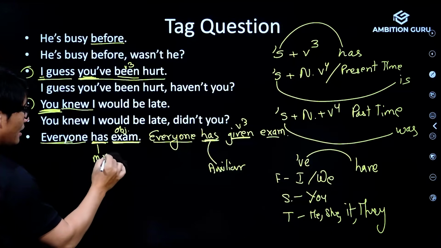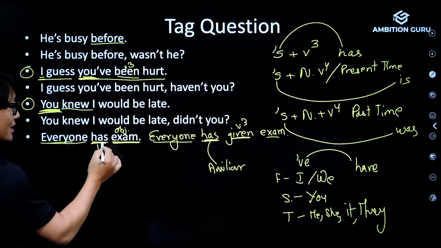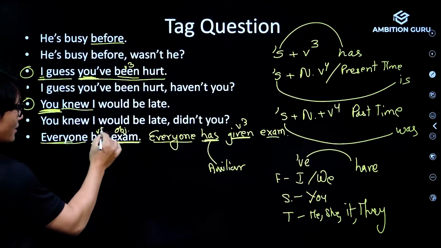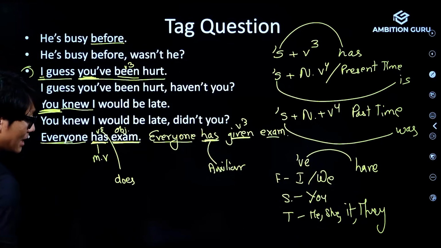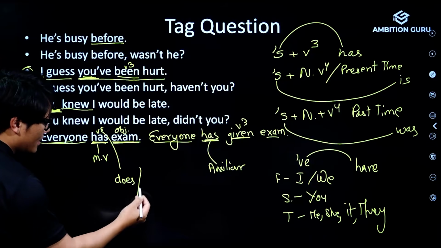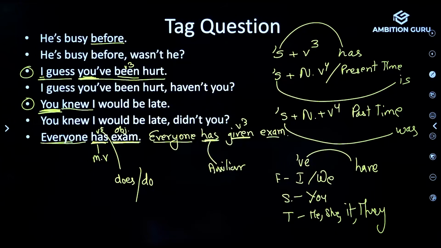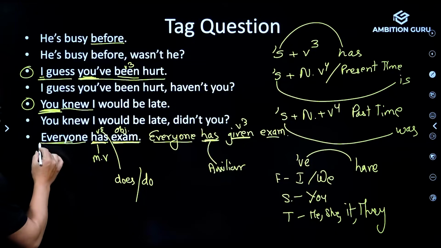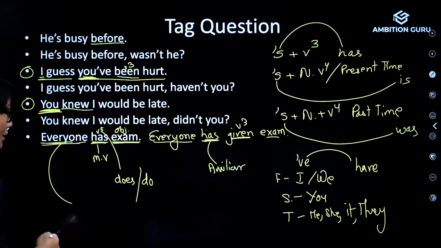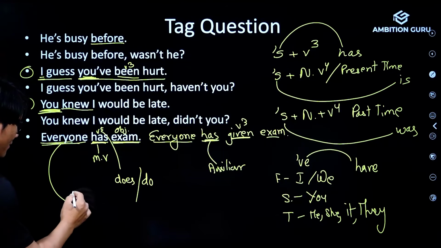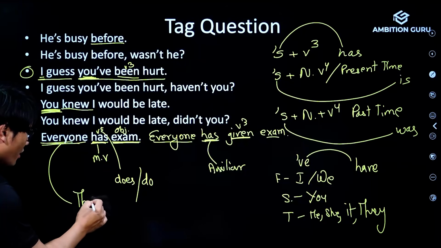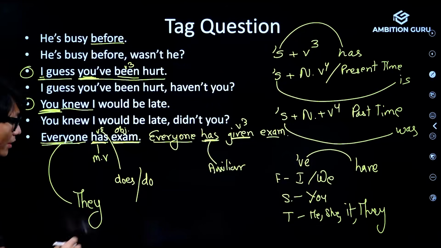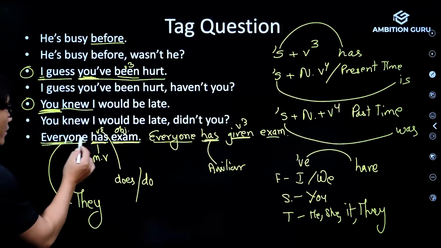So has is a verb 5. Verb 5 means does, and does is the auxiliary verb. And when there is does, obviously there should be do. Next, everyone should be changed into a pronoun. And what is the pronoun of everyone? Yes, the pronoun of everyone is they. Now, guess the answer. Everyone has exam.